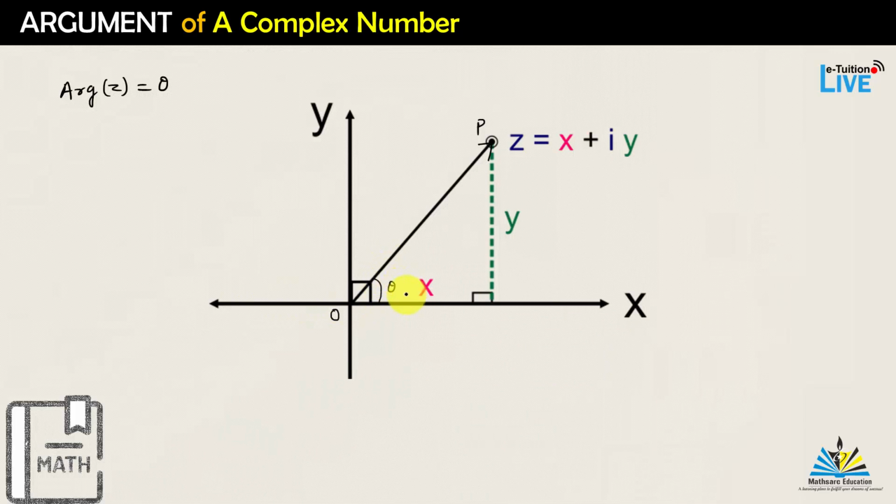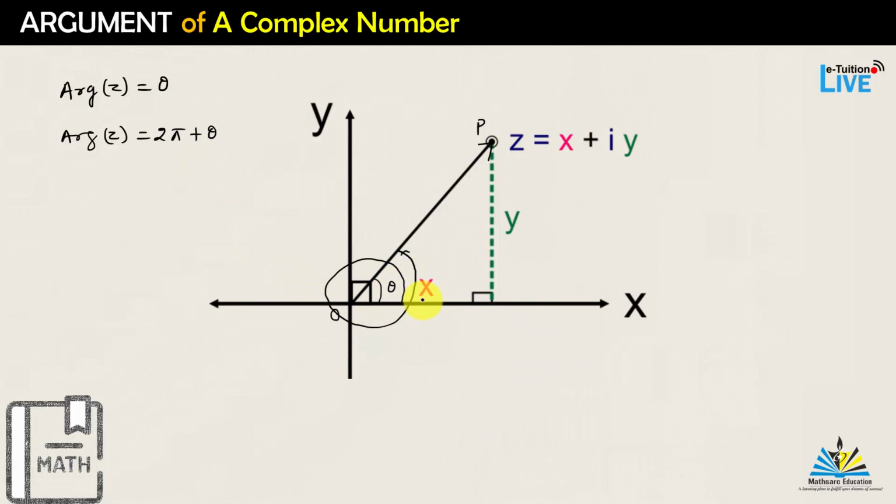Even one student can say that this radius vector is also making angle theta plus 2 pi. So you can say that the argument of z for the same z is also 2 pi plus theta.